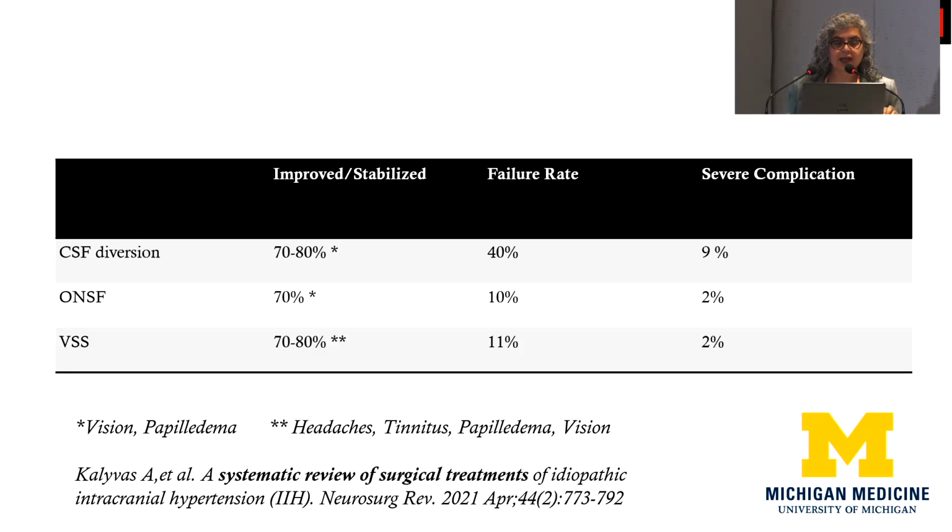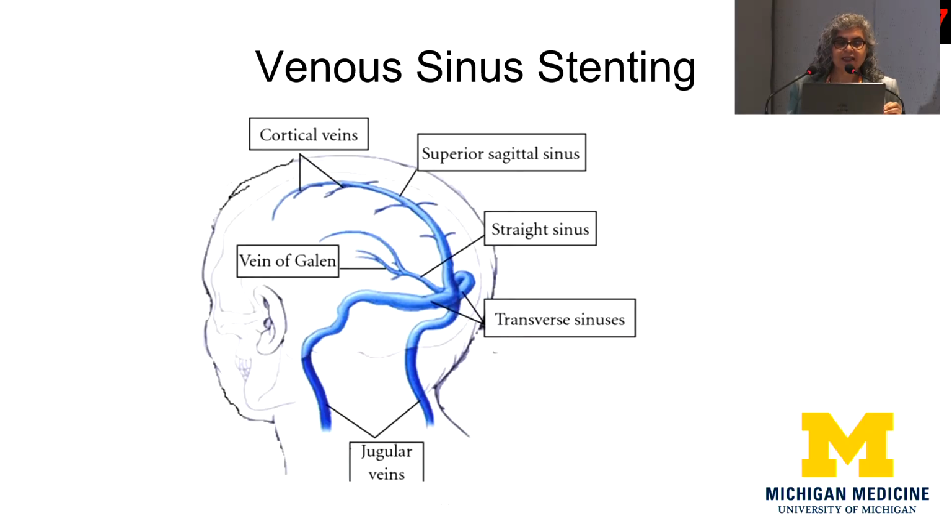So let's look at venous sinus stenting. What is venous sinus stenting? These are the venous sinuses in our brain, and the superior sagittal sinus meets the, okay, here, the transverse sinus and the sigmoid sinus junction. This is where you will see the stenosis developing.